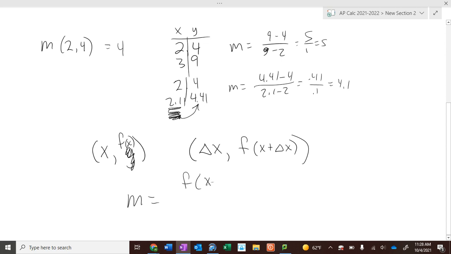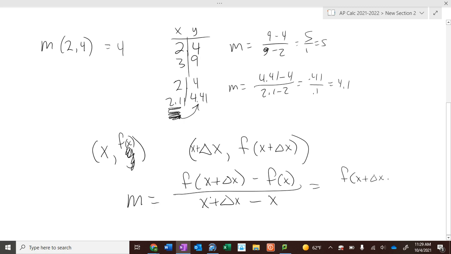So f of x plus change of x minus f of x over x plus change of x minus x. Well, can we simplify this at all? And the answer is yes. It's f of x plus change of x minus f of x over the change of x, because x minus x cancels.